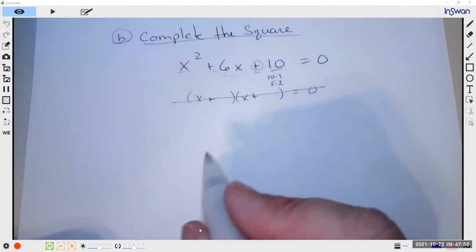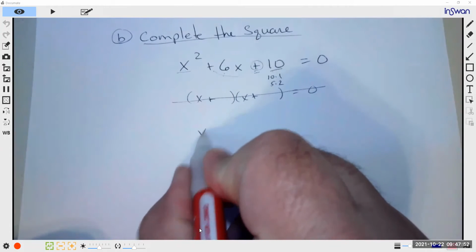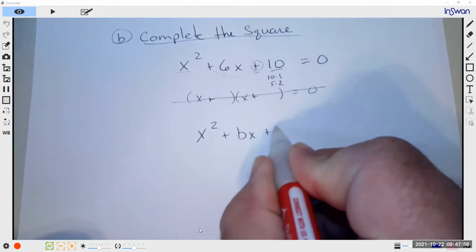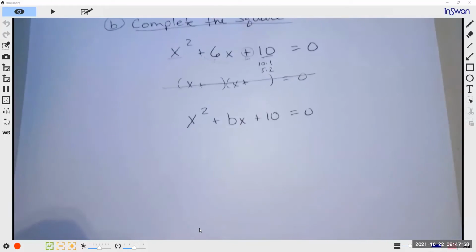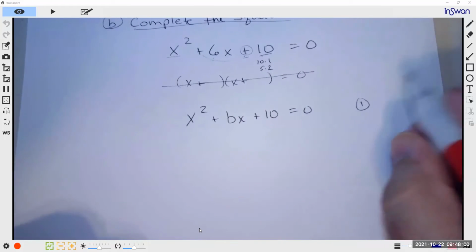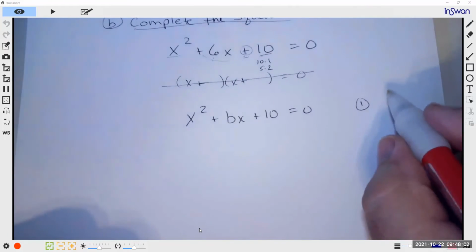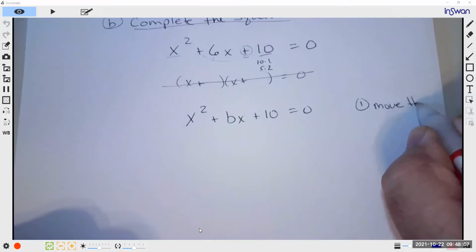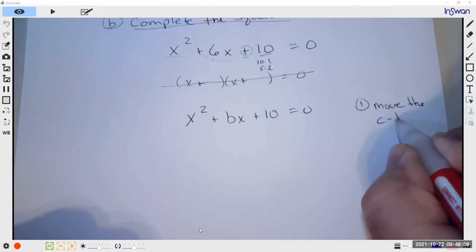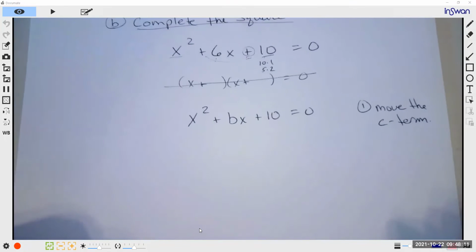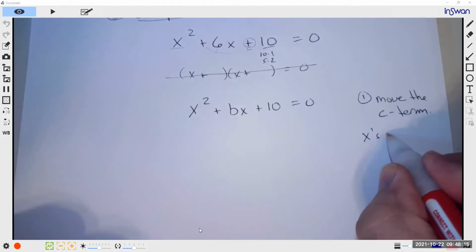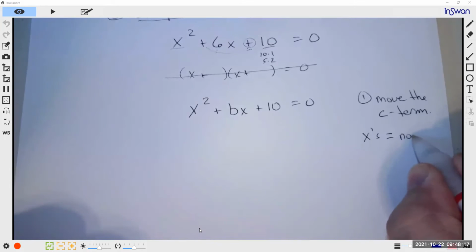And that's an entire process. The first step: move the C term. This is where we have x's on one side and non-x's on the other.